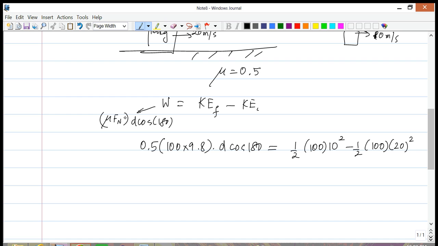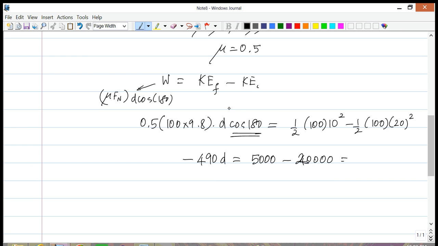We just need to solve this very carefully. 100 times 9.8 is 980, times 0.5 is 490. That multiplied by the cosine of 180 gives us -1. So you get minus 490d is equal to 50 times 100, which is 5000, minus 50 times 400, which is 20,000. So the right hand side becomes -15,000.